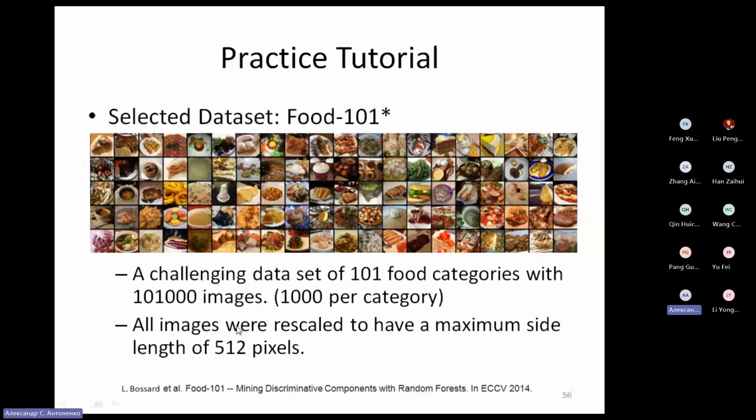All images have side lengths of 512 pixels. So square images, 512 by 512.